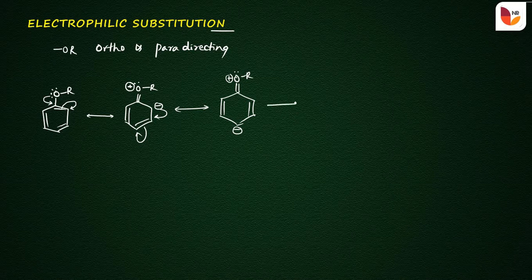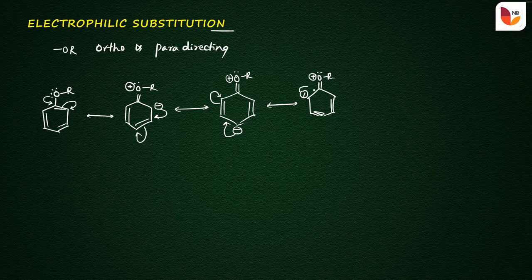And the next resonating structure is, the negative charge shifted to the next carbon, and the double bonded electrons to the next carbon. So it has a negative charge, double bonds, and a double bond O, R, with a positive charge.